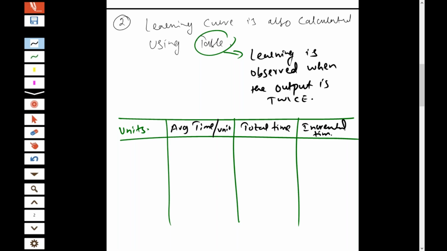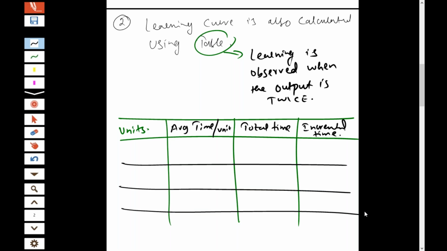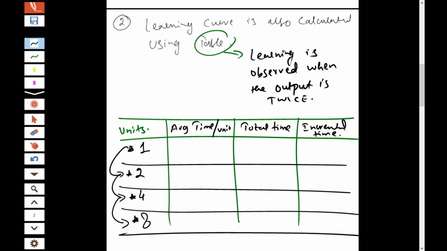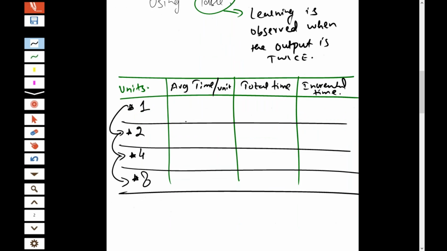What is incremental time? Incremental time is the absolute time on certain units. See, on unit 1, then it will be twice unit 2, then twice unit 4, then twice on 8. When the output is getting twice, the average time is getting reduced.